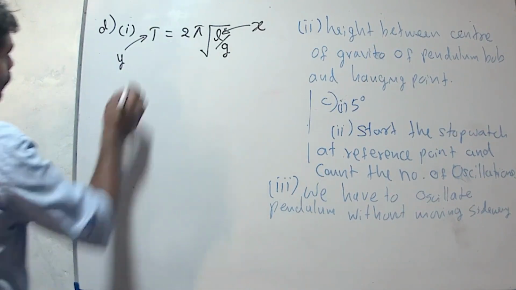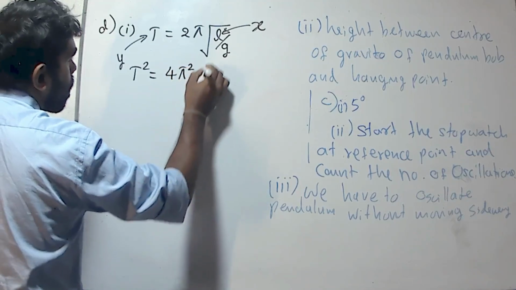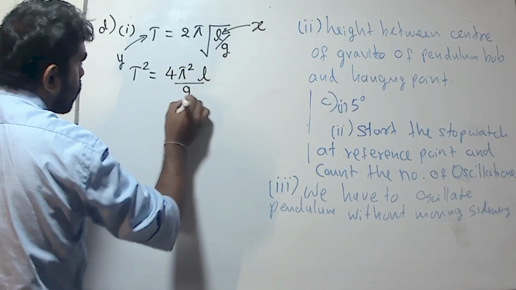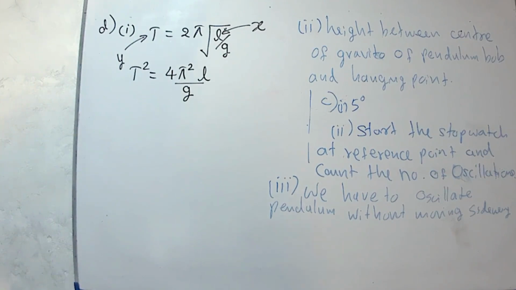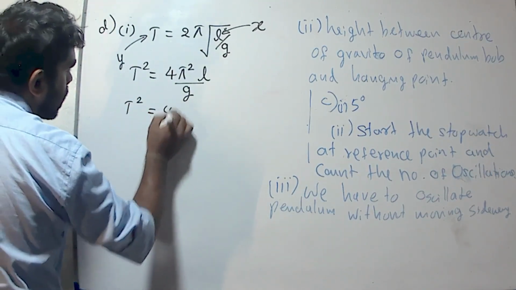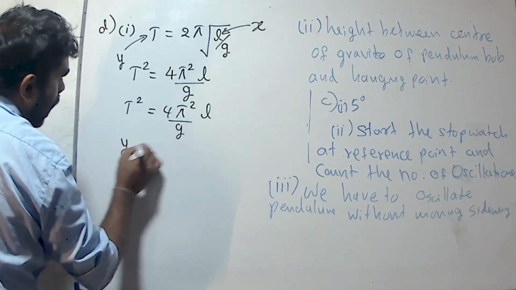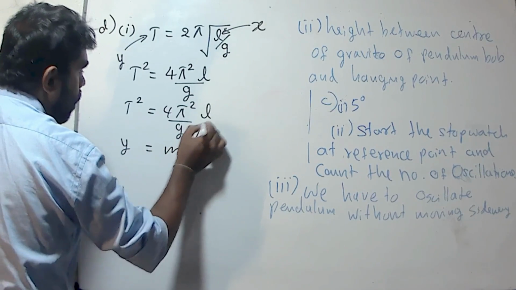Then I will square all terms. T squared equals 4 pi squared into L over g. Now we can take T squared for the y-axis and L for the x-axis. Y equals mx.